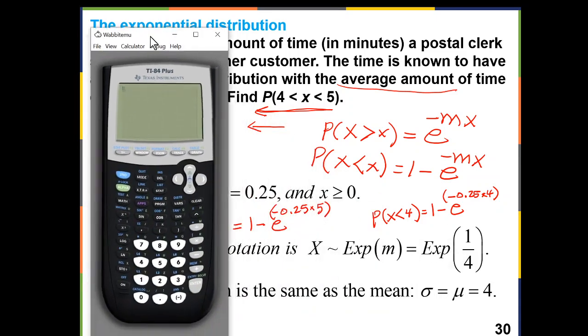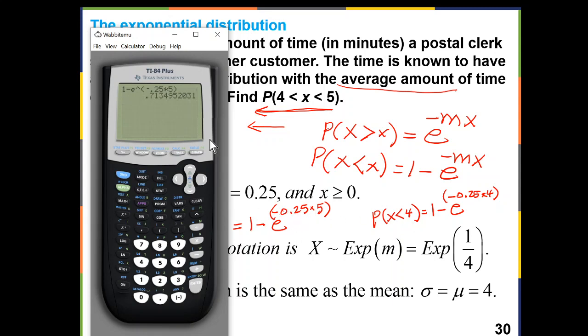So the probability that x is less than 5 is going to be 1 minus e to negative 0.25 times 5, there. So that's this probability.